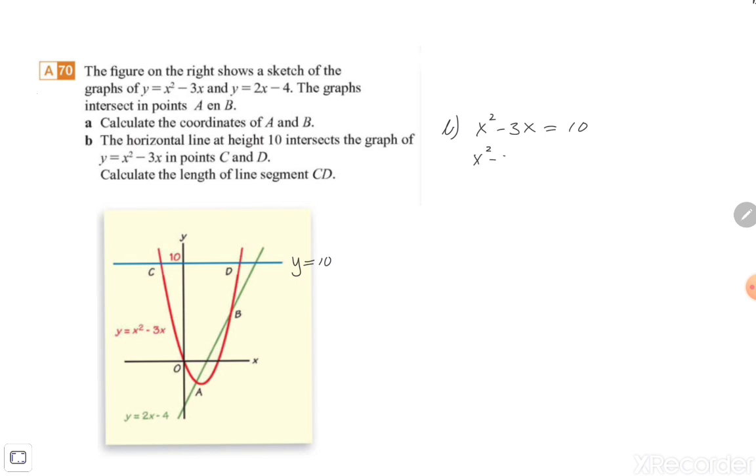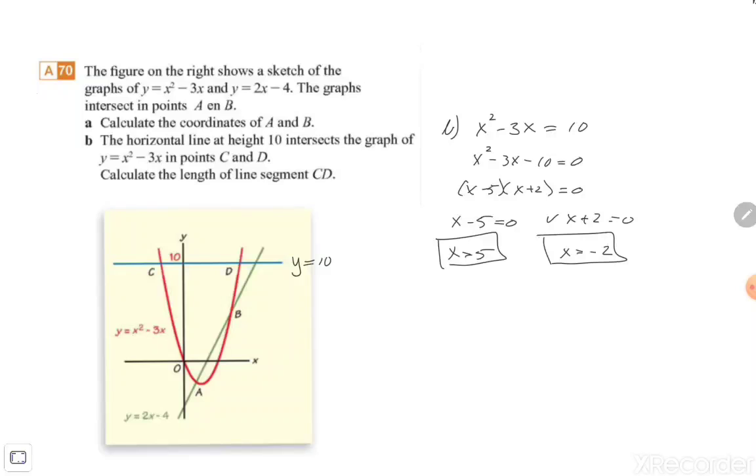Then you get x squared minus 3x minus 10 is equal with 0. We need to find a multiplication. Minus 5 and plus 2. So x minus 5 is 0, or x plus 2 is 0. So x is 5, or x is minus 2.